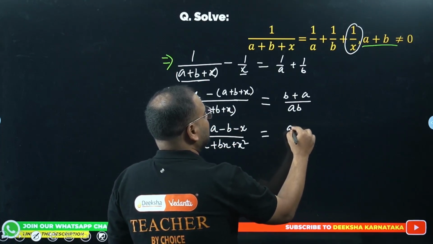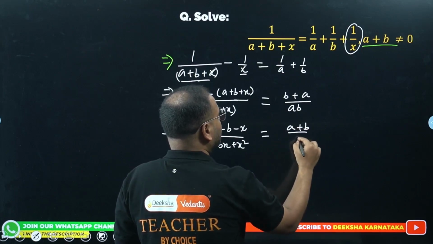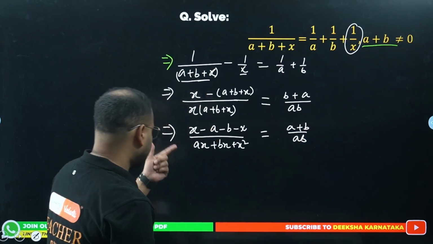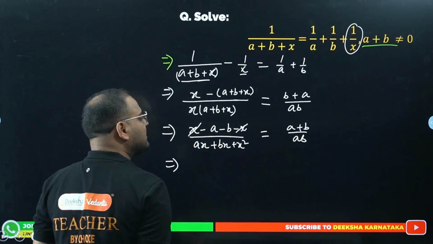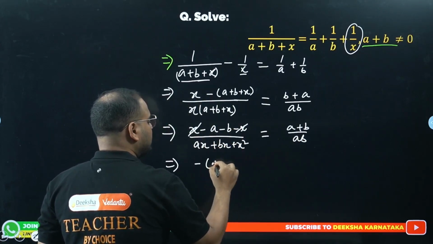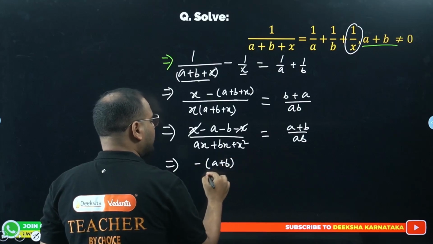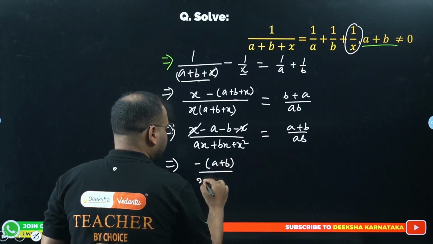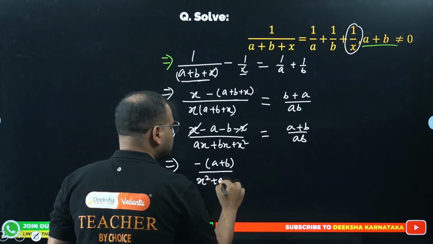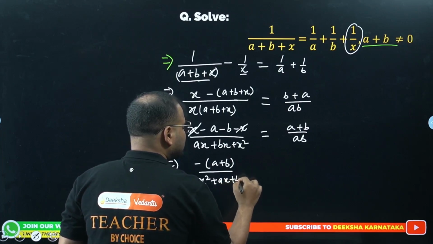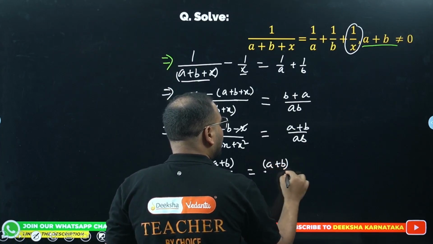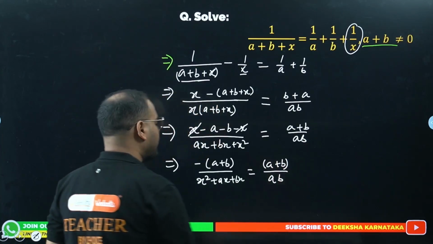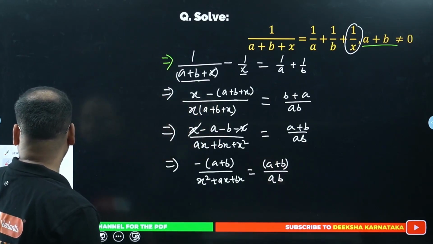Write this as a plus b upon ab. Now x and x are cancelled. I'll take a minus sign common. I get minus of a plus b upon x square plus ax plus bx equals a plus b upon ab.